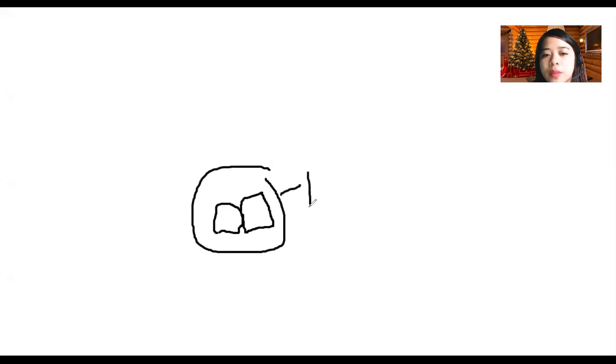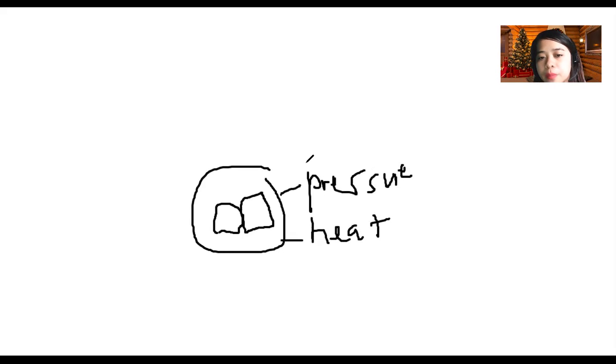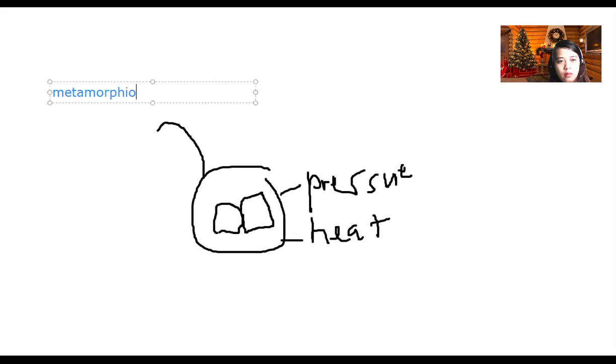And then this is the sedimentary rock. Let's just say that because of the pressure, heat, and a long time of pressure and heat, it forms into a metamorphic rock.